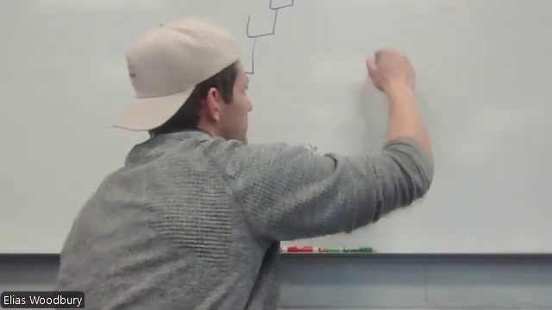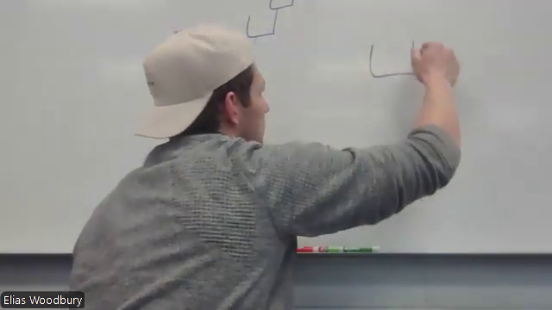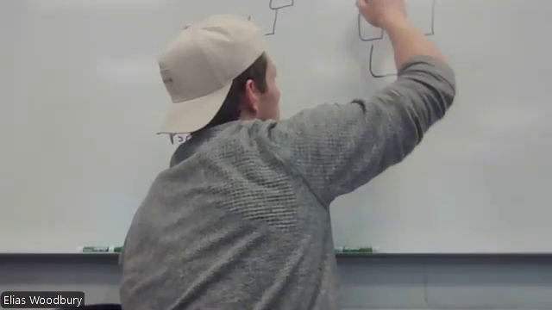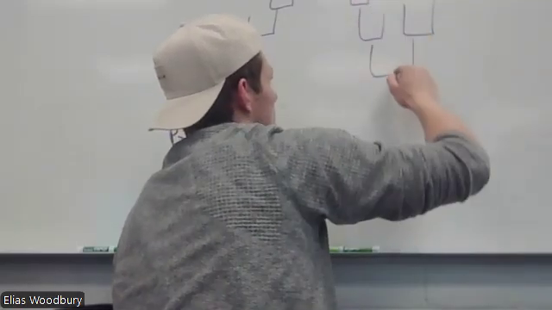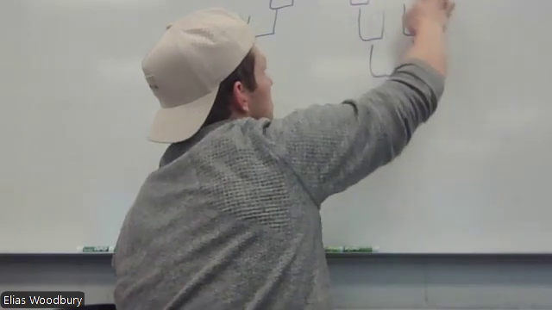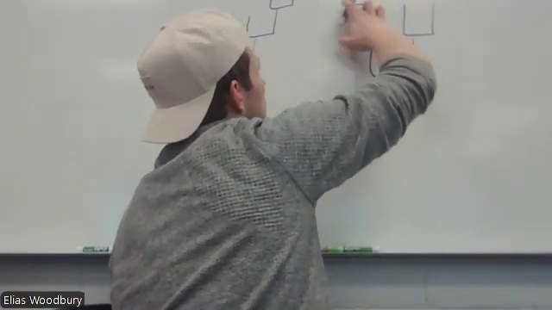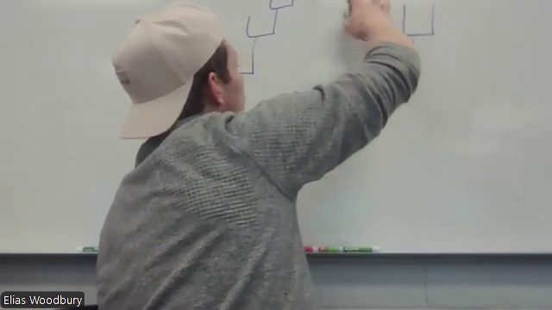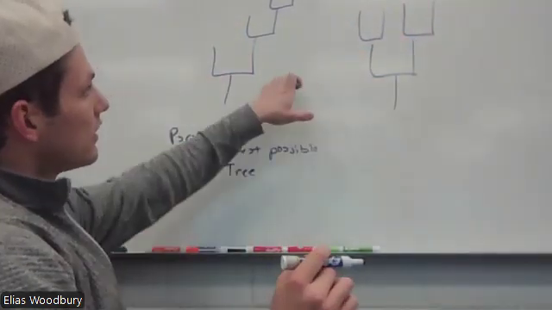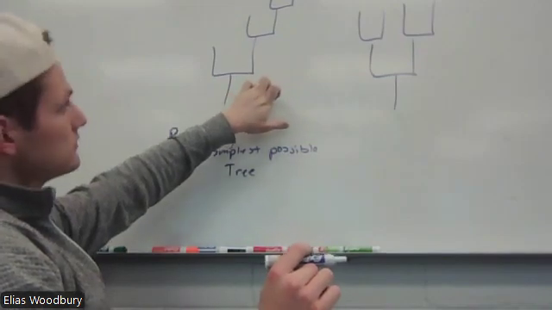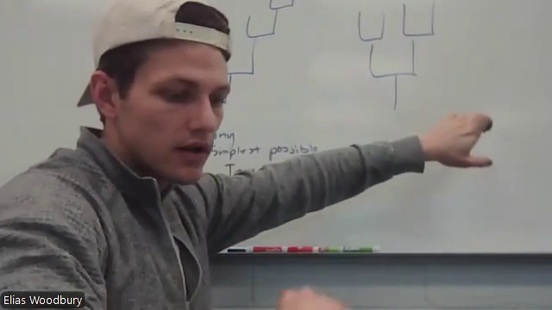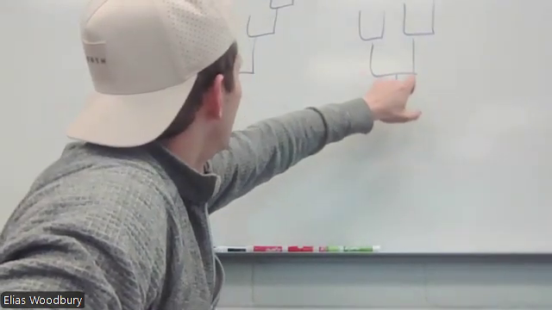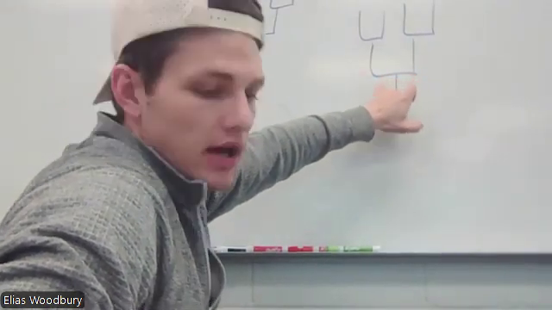And now if I drew out a tree, 1, 2, 3, 1, 2, 3, 4. Okay. So here, right, I have points of difference. We're talking about points of difference.